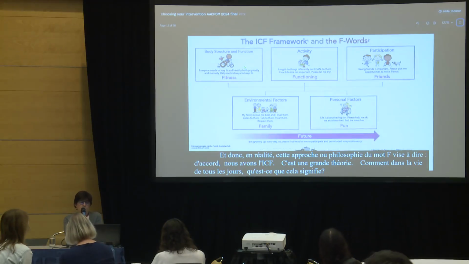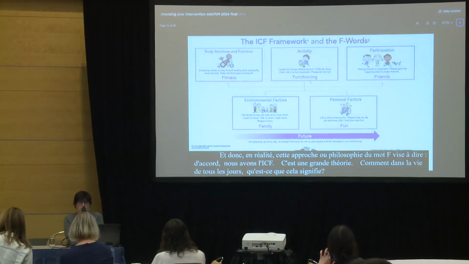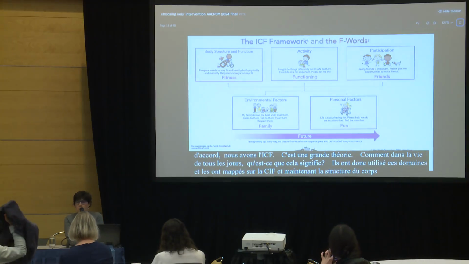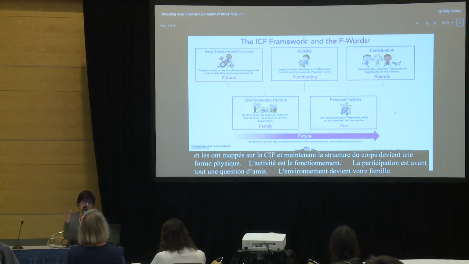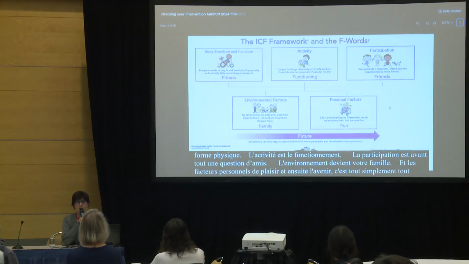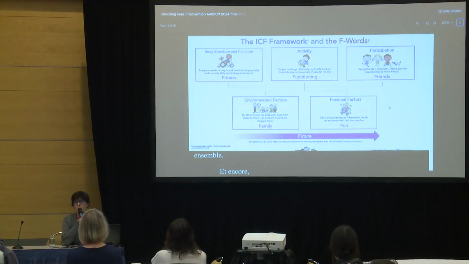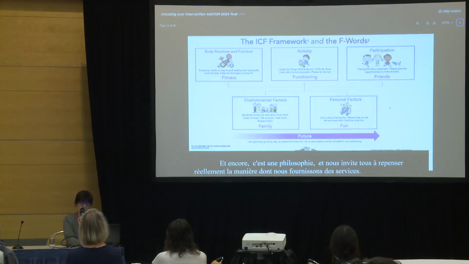And now the body structure is becoming fitness, the activity is the functioning, the participation is really all about friends, environment becomes your family, and personal factors are fun, and then future is just everything together. And again, it's a philosophy, and it invites all of us to really rethink how we deliver services. And I'll go back in some of my examples to that philosophy.